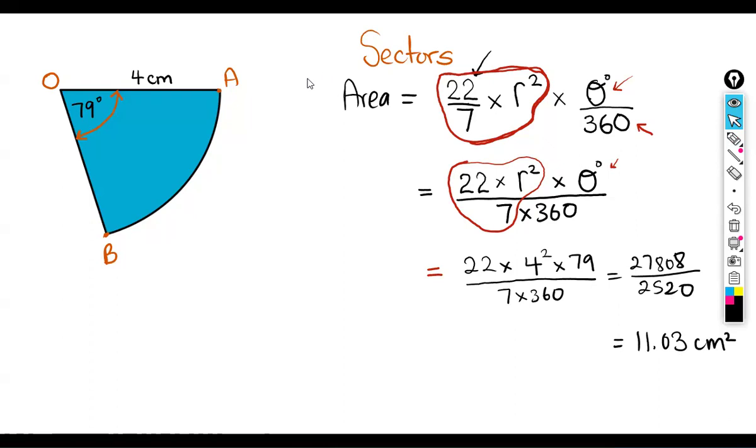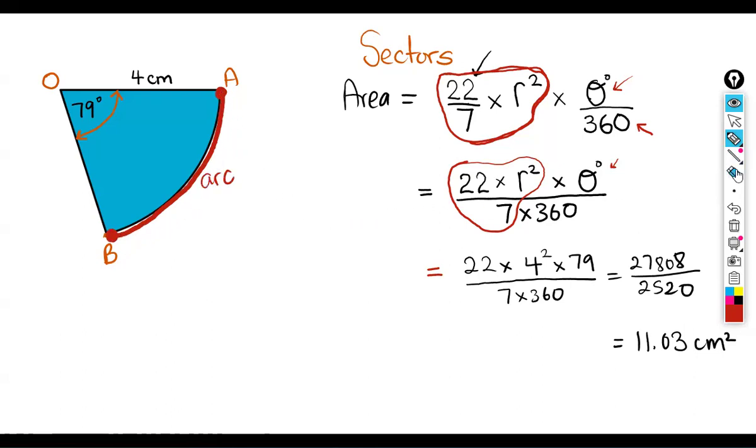All right. So let's try a slightly different formula now. So this was to find the area of a sector. The curved distance of a sector, from A all the way to B, only the curved part, you call that part of the sector the arc. The arc is just the curved part.